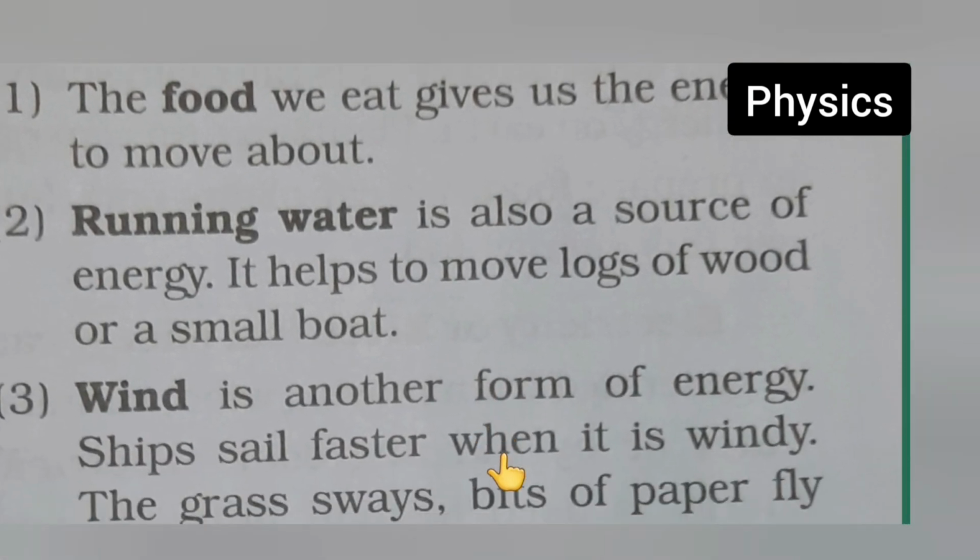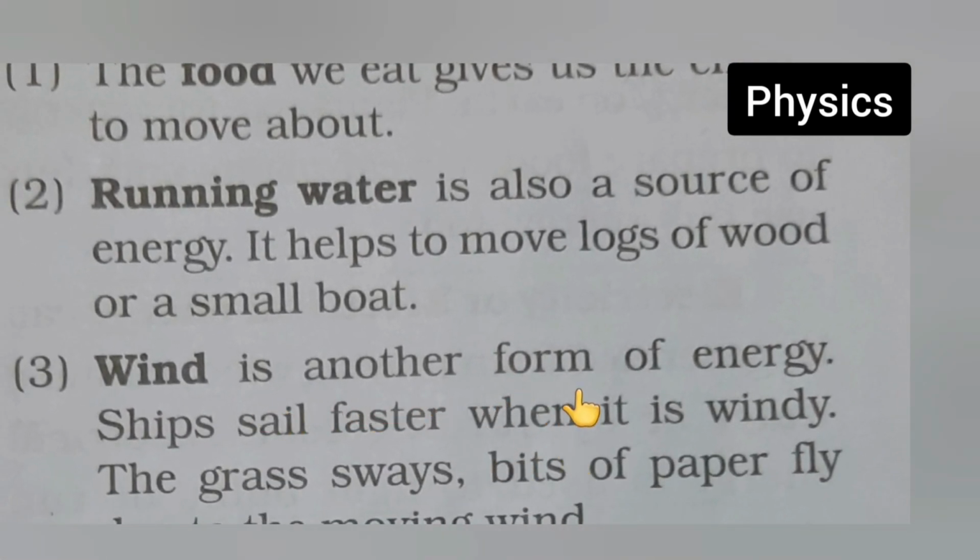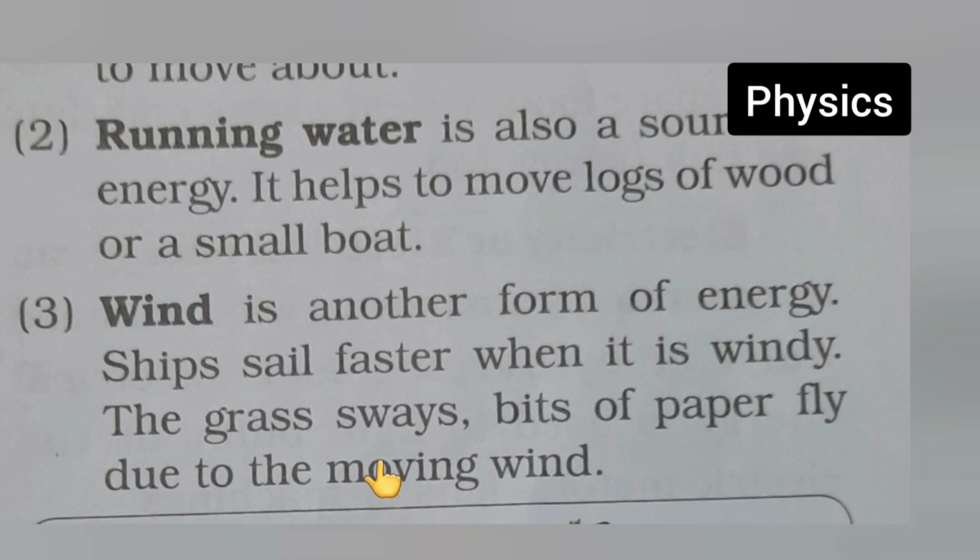Next is wind. Wind is another form of energy. Ships sail faster when it is windy. The grass sways, bits of paper fly due to the moving wind. So these are the sources of energy, right? When there is too much wind, the ship will automatically move faster.